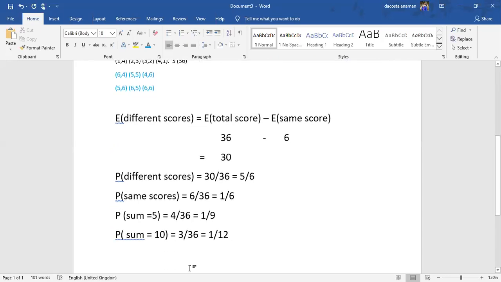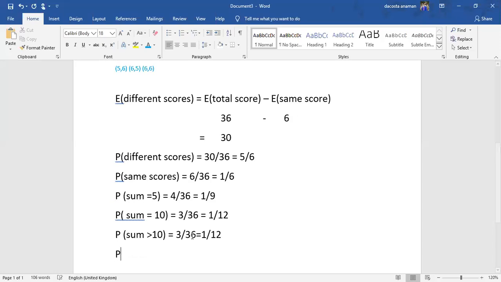The next one says that the sum is more than 10. And that will be equal to these ones. It gives us 3 items. So that will give us 3/36. That will be equal to 1/12.